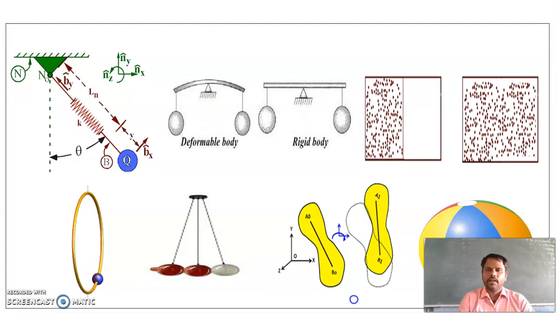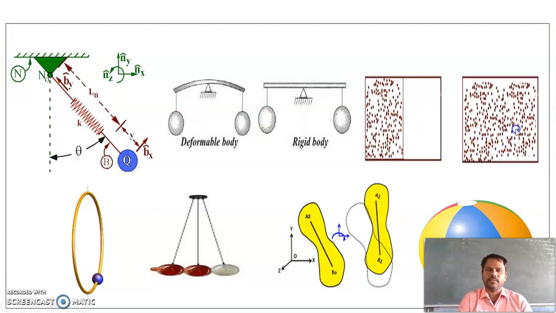In this slide, we have some restricted motion. A pendulum with varying length is an example of a rheonomic constraint. A deformable body is an example of a rheonomic constraint.